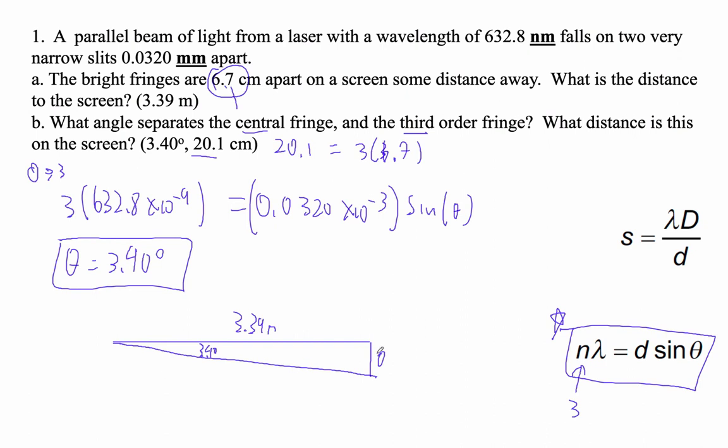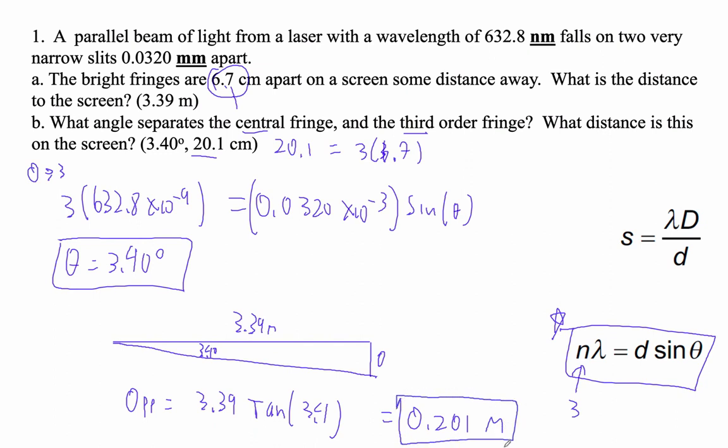And so this distance here, this opposite side, is going to be 3.39 times the tangent of 3.4. Okay, so I'm going to take my distance to the screen, the 3.387 or whatever it is, times the tangent of the number I just got. And righteously, I could figure out that this distance is 0.201 meters. The next digit's a 3, by the way.